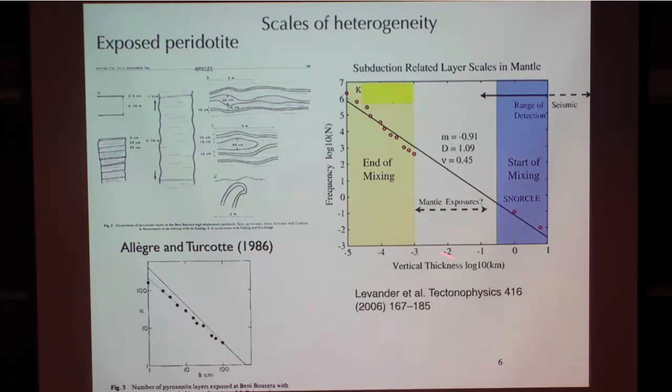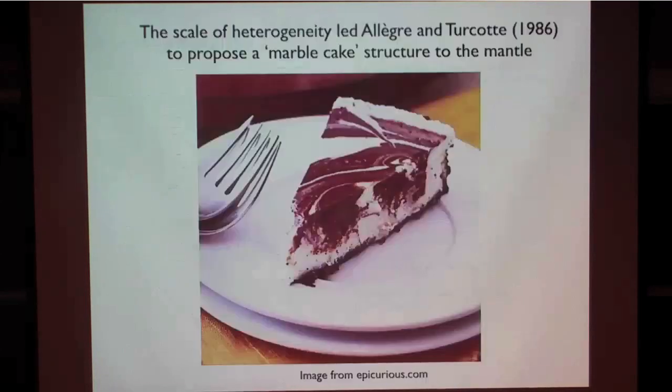And then a few years later, Alan Levander and his colleagues did a seismic experiment in which they also looked at scales of heterogeneity, and then they took this chart and put it on the same scale, and proposed that there may be basically a spectrum of heterogeneity in the upper mantle that really falls along a straight line on this log plot, implying a spectrum of heterogeneity of that sort. So that's something to keep in mind.